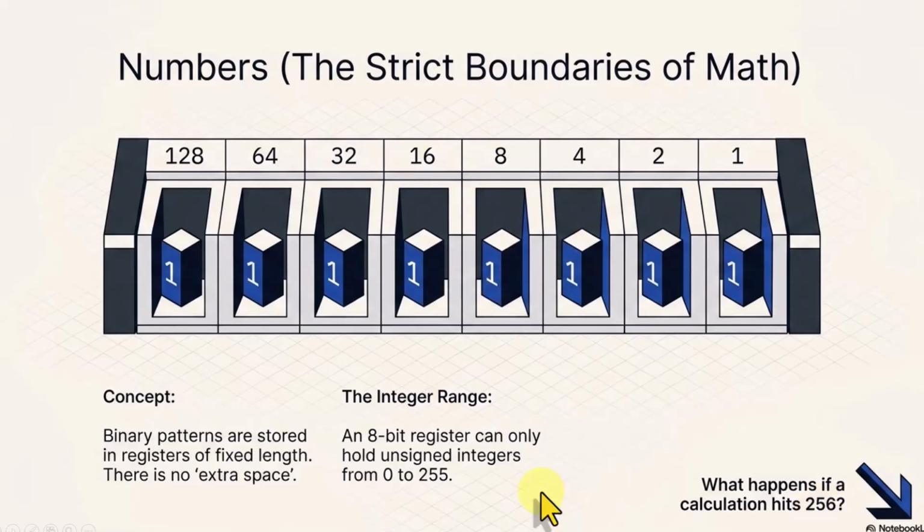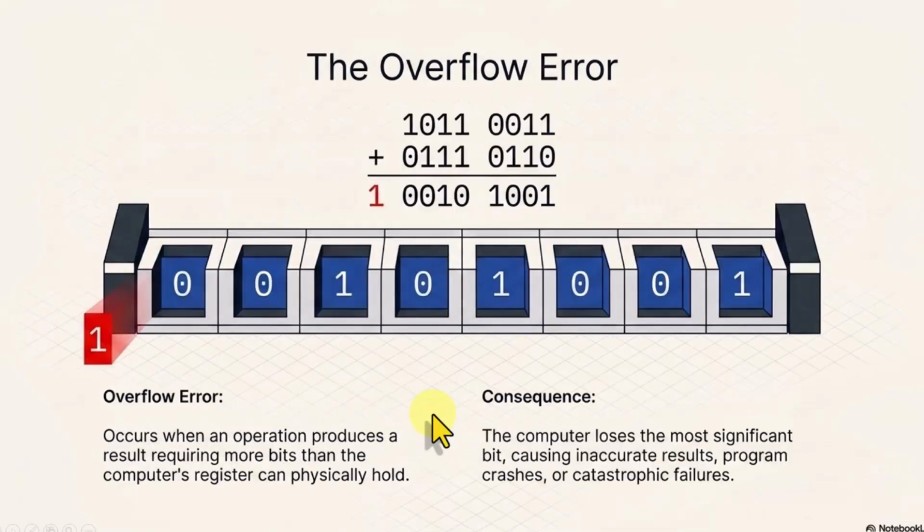Simply we will lose some bits, which will result in a wrong number, an incorrect output. And that is the overflow error. For example, we add two numbers and we have something more than 8 bits. The ninth bit will be ignored and deleted. So that is the overflow error.